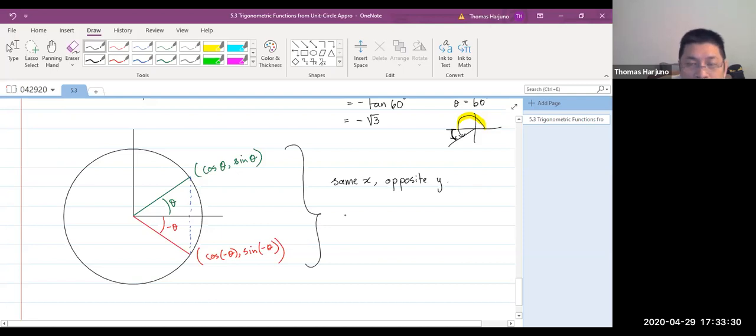So what does it mean? It means the following. Cosine of negative theta, if we go in the opposite direction, will be the same as cosine theta. However, sine of negative theta, the y component of the coordinate corresponding to negative theta on the unit circle, is the opposite of the y component when negative theta becomes theta.